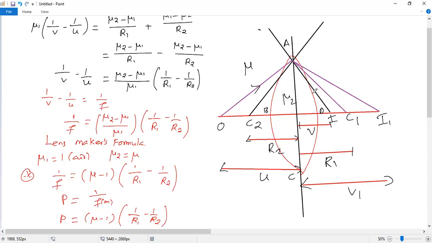Please note it. Draw the diagram. For the diagram you will get 1 mark or 1.5 marks. In a 3 mark question, 1 mark is there for it. In a 5 mark question, 1.5 marks are there.